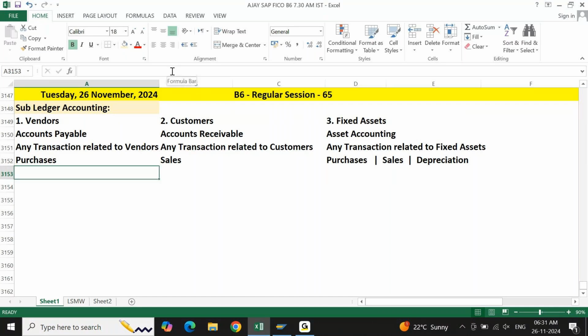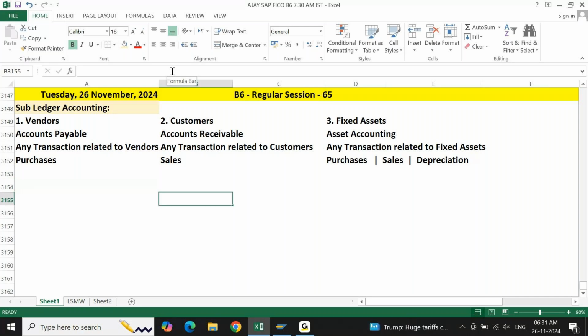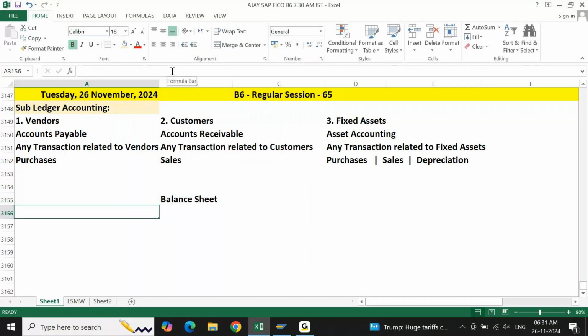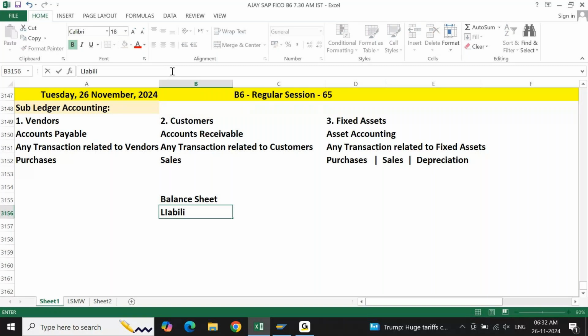Now, when you're talking about your balance sheet representation or financial statement presentation, if I show you balance sheet, in balance sheet, you have 2 points. One is liability, another one is assets.